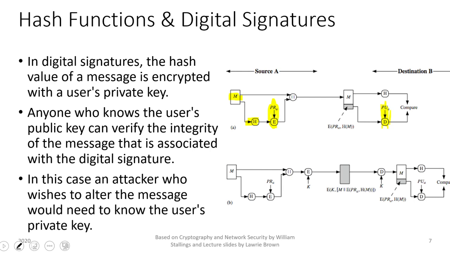Because these functions are reversible, if we know someone's public key, so B would know A's public key, they can use that at their point. So what A would do is use their private key and encrypt it with the private key. So B can decrypt it using the public key, which is already known, and they can verify the hash and compare it with the hash and do the verification there.